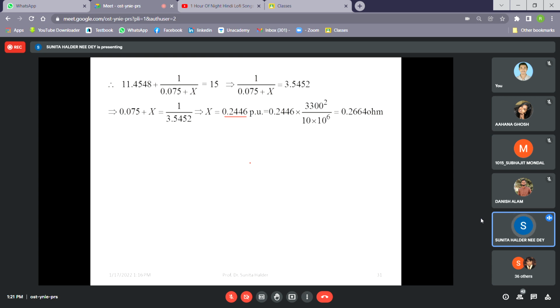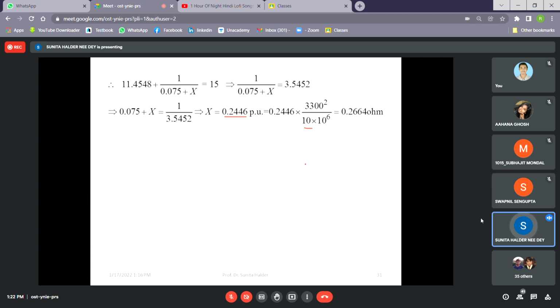Then we have to convert it into ohm. If we convert it into ohm, bus voltage is 3.3 kV and base MVA is 10 MVA. From there, we can get the value of x in ohm. So if we connect this much of inductor of this much of reactance, then we can safely use the circuit breaker with short circuit capacity of 150 MVA, right?